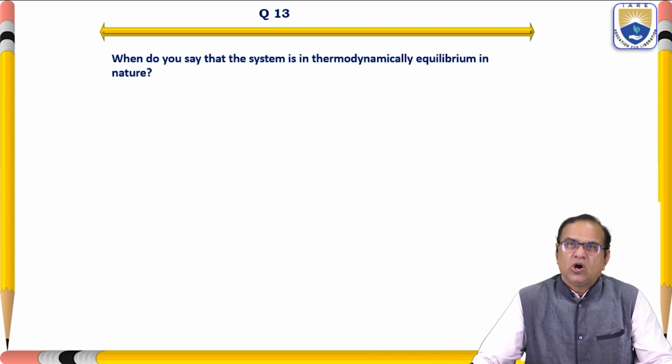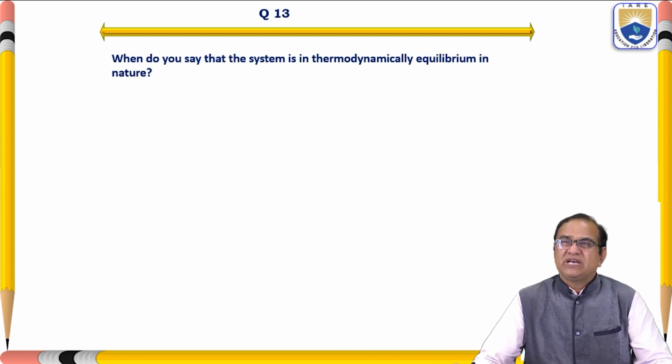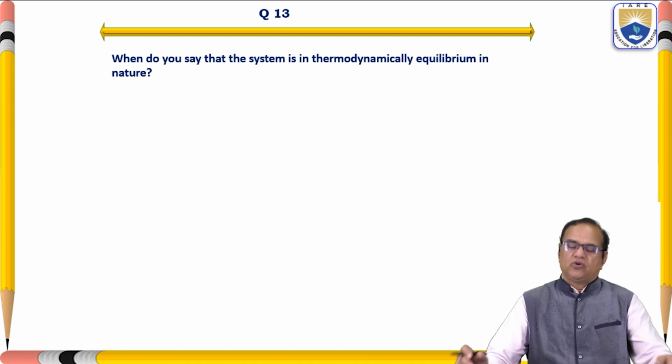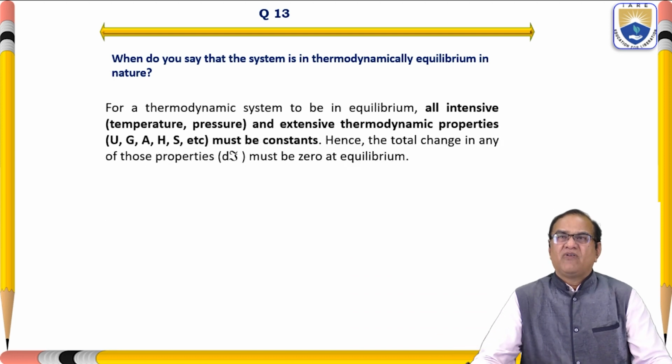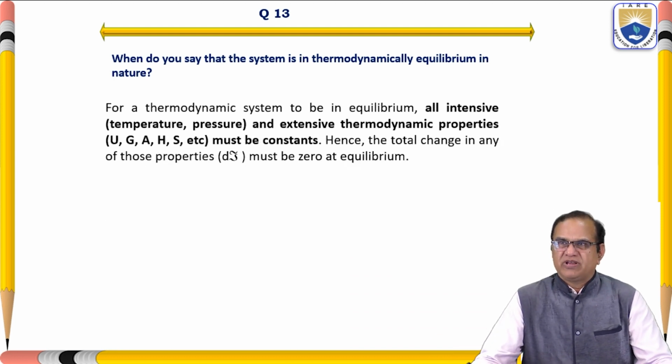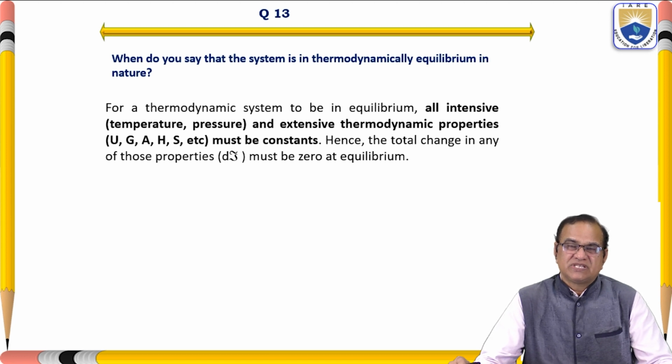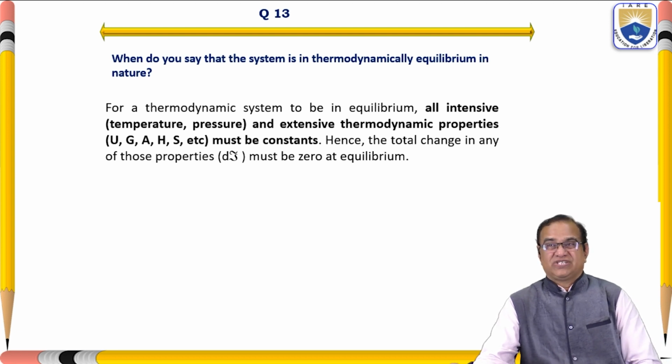Next is, when do you say that the system is thermodynamically in equilibrium? For a thermodynamic system to be in equilibrium, all intensive properties like temperature and pressure, and the extensive thermodynamic properties like internal energy, Gibbs energy, Helmholtz energy, enthalpy, entropy, these all parameters must be constant.